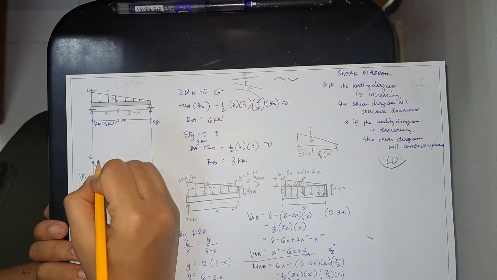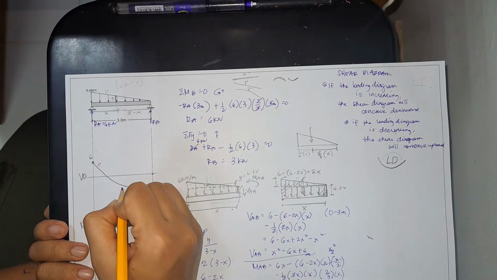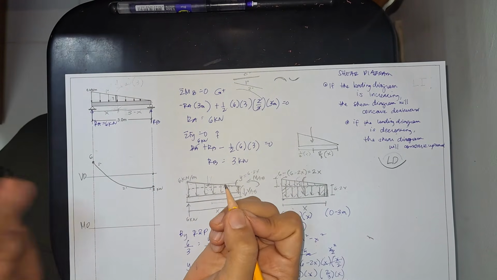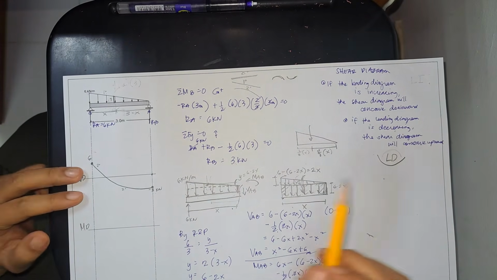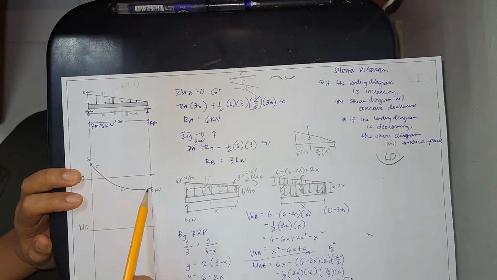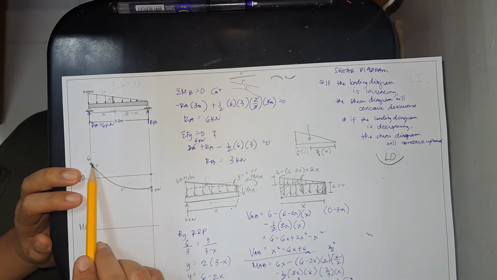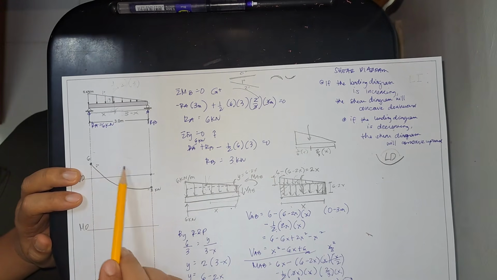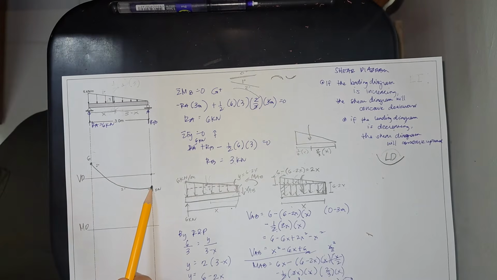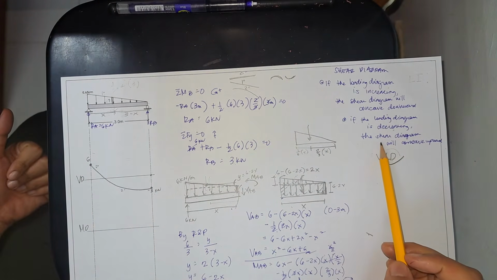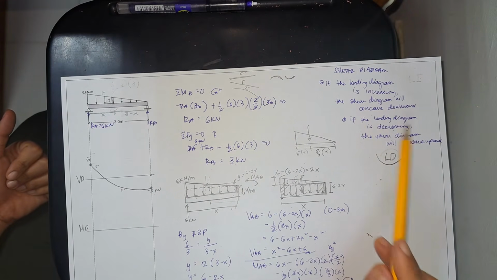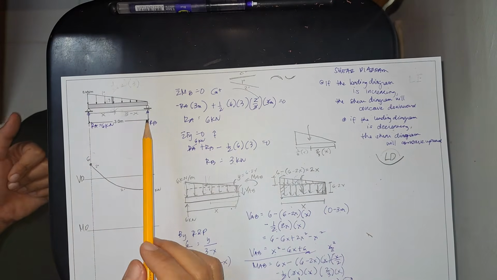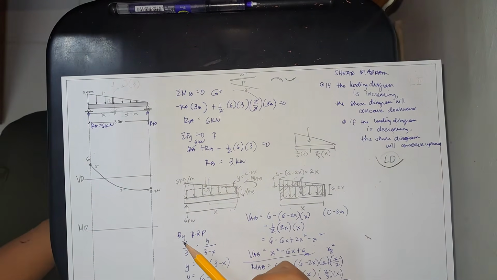So this is now considered as a 2 degree curve. Kasi pag hindi natin alam itong notation na to, pwede na yung magiging illustration mo is pag ganito, di ba? Which is hindi niya nasusunod yung binigay nating notation ngayon. So you need to take note of this one, guys. If the loading diagram is decreasing, the shear diagram will concave upward.